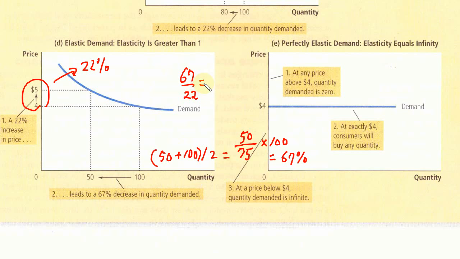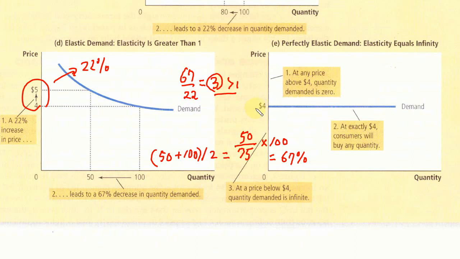Then you may see this one is more than 1, right? Maybe almost 3 times. Then this is more than 1, so this is quite elastic, right? Quite elastic.